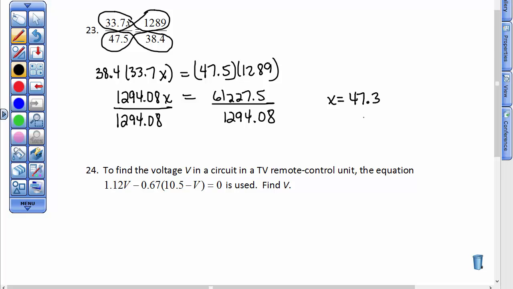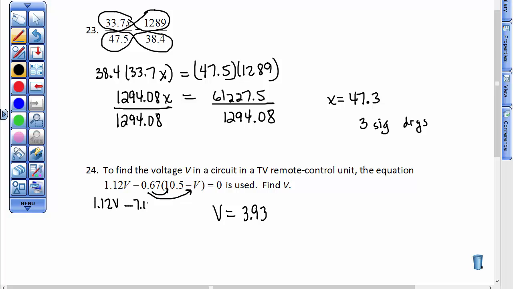I rounded it to 3 sig digs, and that's because my least number of significant digits was the 38.4, the 47.5, the 33.7. So 3 significant digits. Let me just tell you that this one, the answer is 3.93 volts. When you go ahead and distribute this times this, and this negative times this negative is a positive, I'll go ahead and start some of it, but I'm not going to finish it.